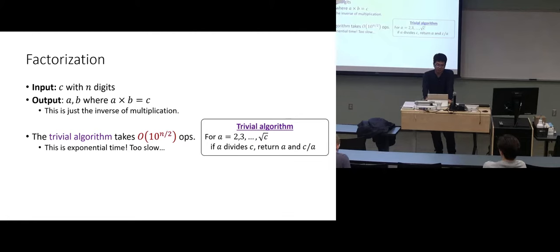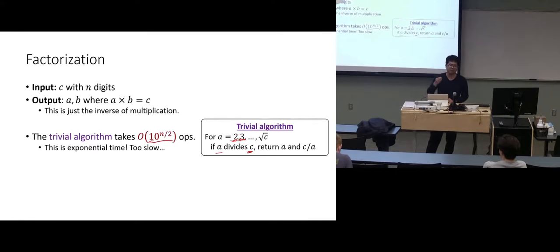There's a trivial algorithm to do this: you start with C, and try starting from 2, see if 2 divides C. If so, you're done. If not, you try to see if 3 divides C and keep going. And this algorithm is going to take you about 10 to the n over 2. Why 10 to the n?